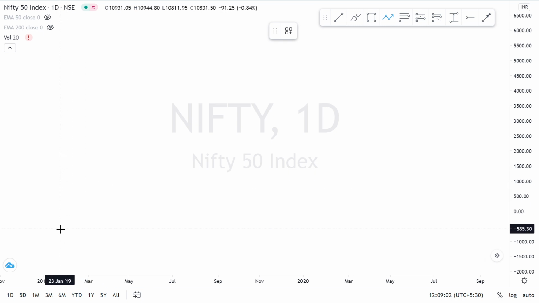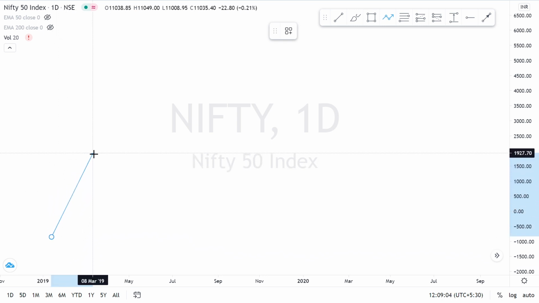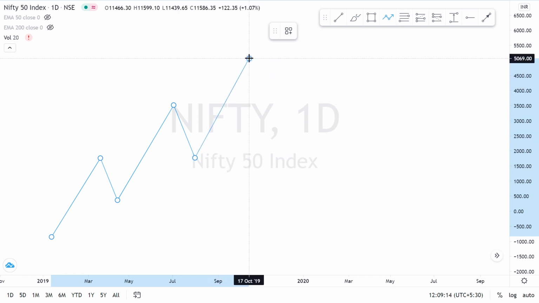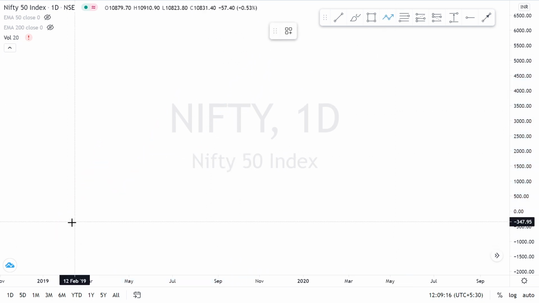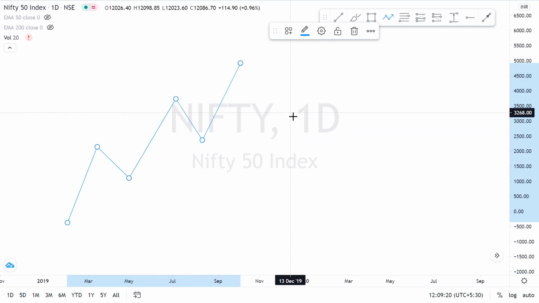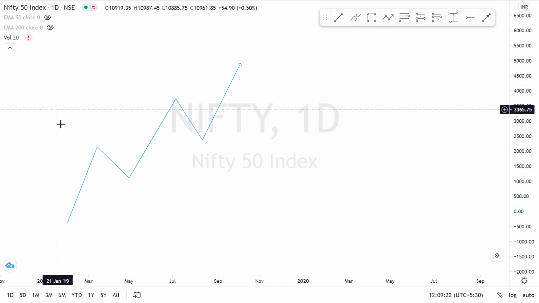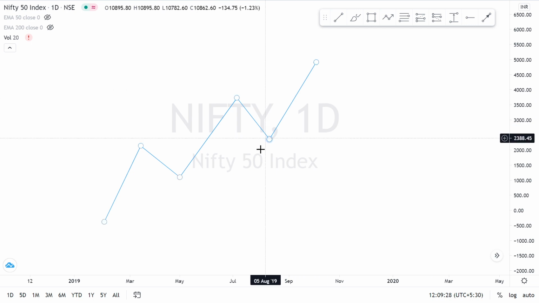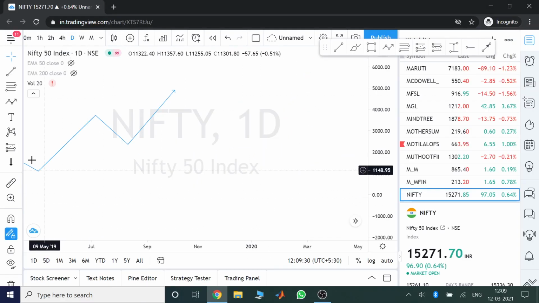As all of us know, when the market goes up and then corrects a little and then goes up, it forms another higher high, and then again corrects and then goes up again. So let me draw this. This is how the market moves. Market doesn't go up in a straight line, and these are called the higher highs and the higher lows.